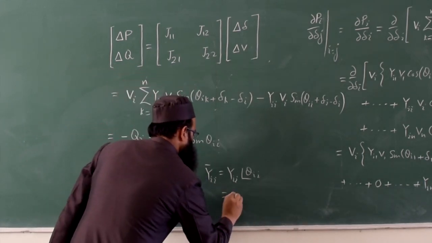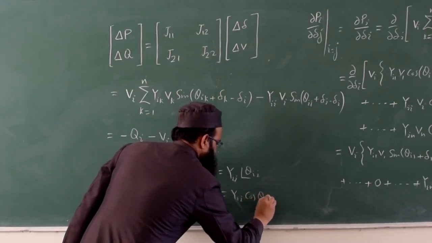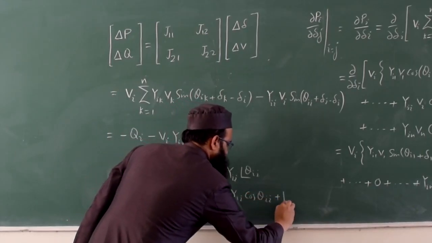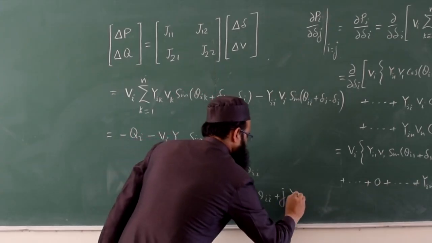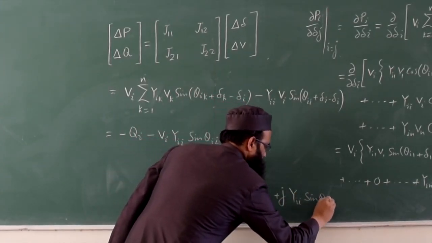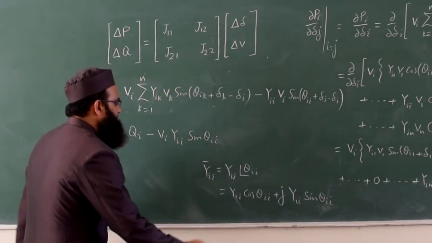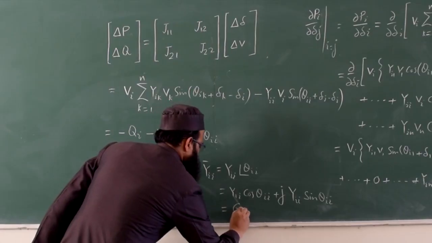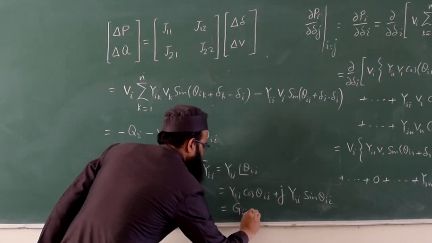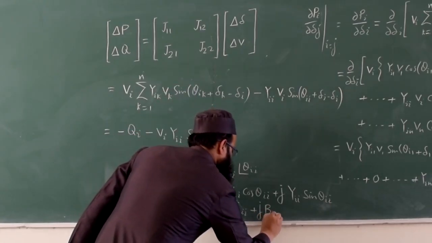That can be written as Yii cosine of θii plus j times Yii sine of θii. So Yii is nothing but G plus jB, Gii conductance plus j times susceptance Bii.